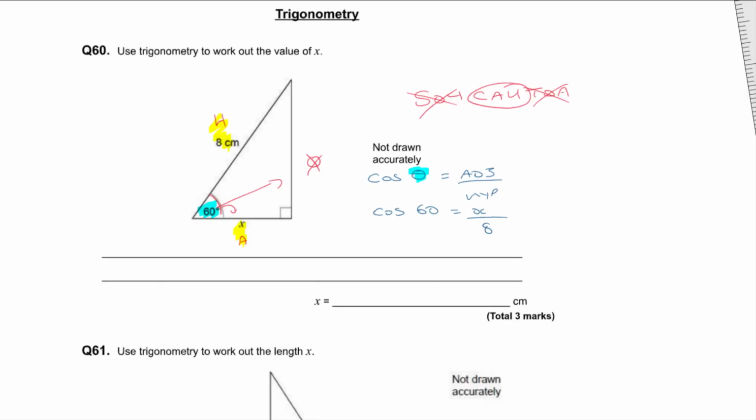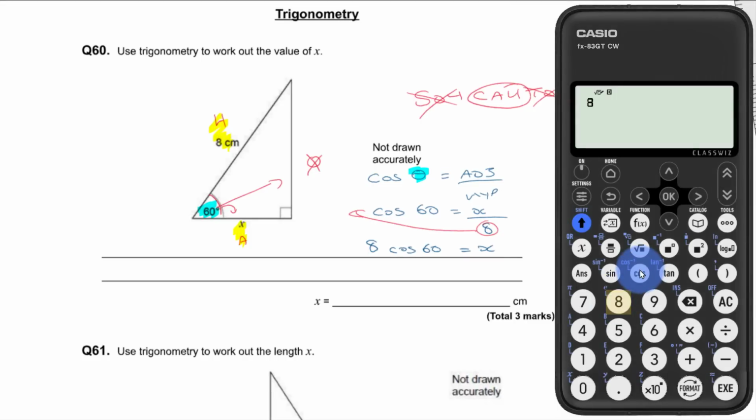So we've got cos 60 equals x over 8. Rearranging, multiplying both sides by 8 has the effect of moving that 8 from there up to there. So I'm going to get 8 cos 60 is equal to x. At this point, we just need to type it into the calculator. So what is 8 cos 60? That comes out to be 4.